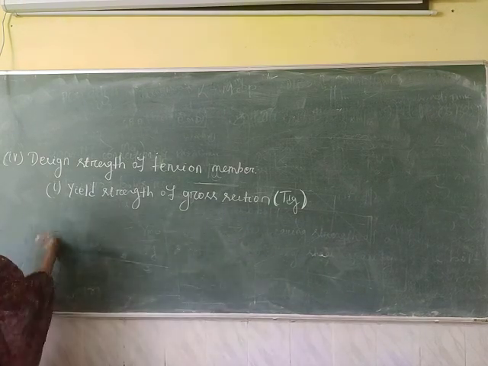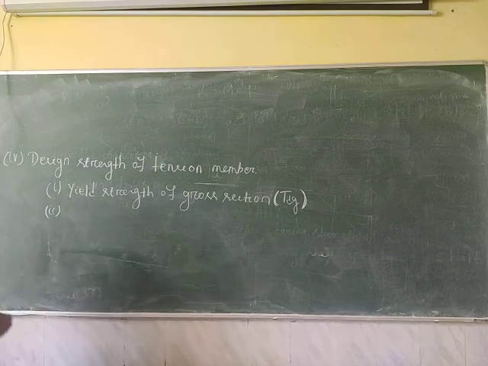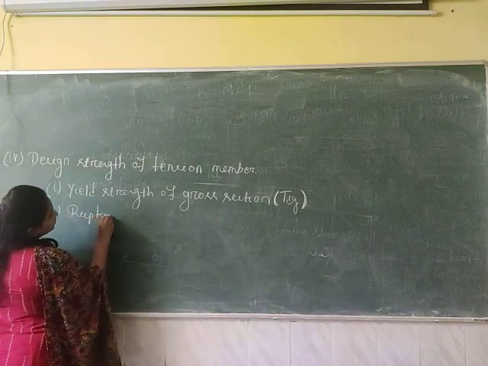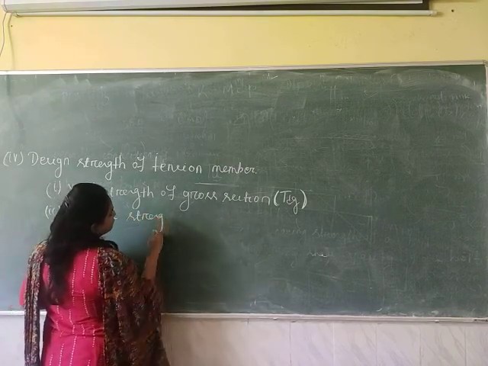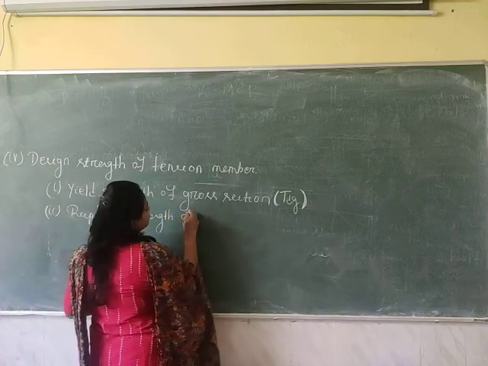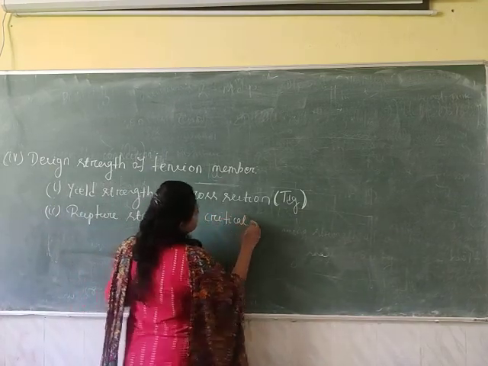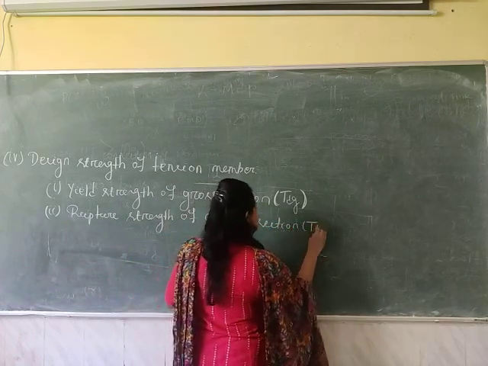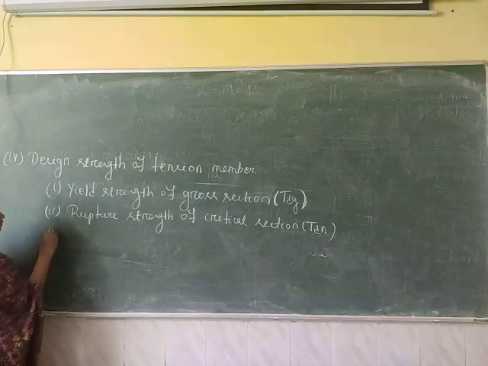So remember that, just put the provided area here. Then in the second step, calculate rupture strength of critical section. That is TDL. Then calculate the block shear strength.